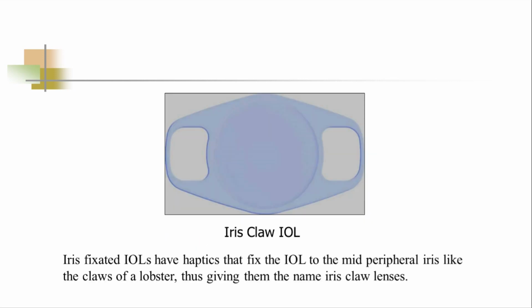Iris claw IOL was designed initially by Dr. John Wurst and it was popularized in India by Dr. Daljit Singh. Iris fixated IOLs have haptics that fix the IOL to the mid-peripheral iris like the claws of a lobster, thus giving them the name iris claw lenses.